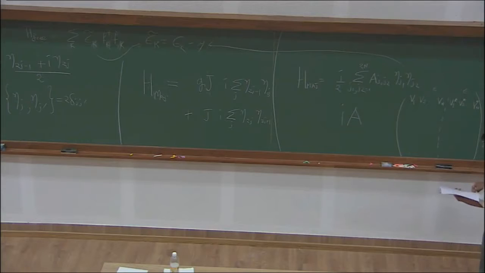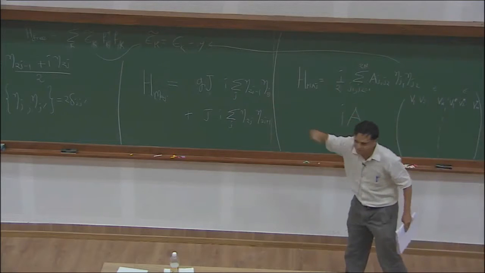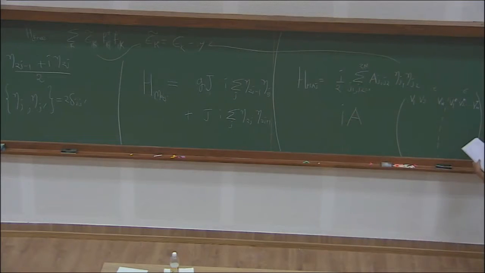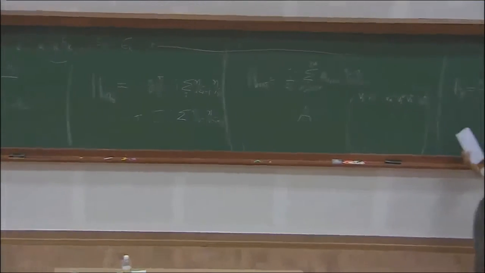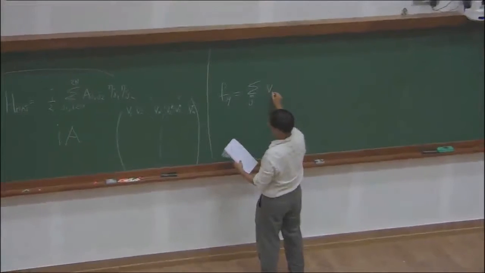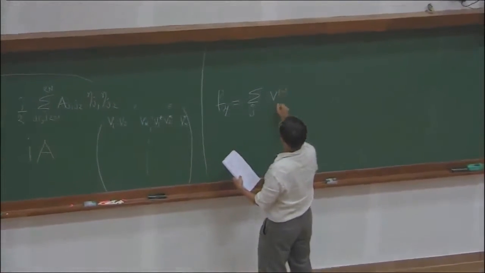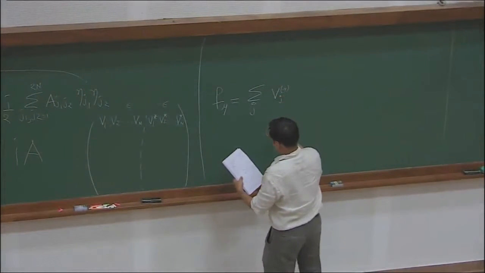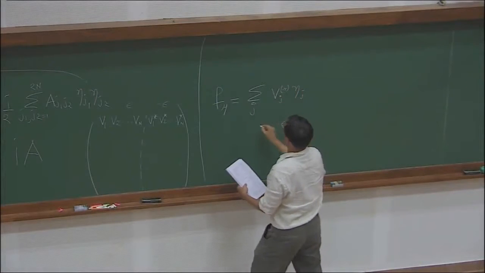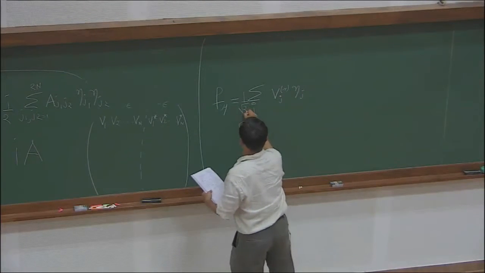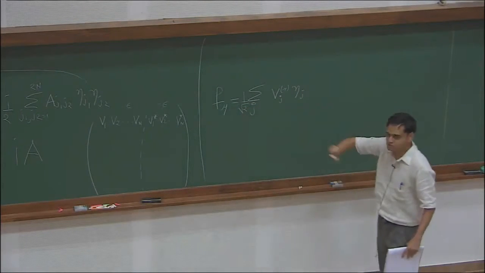Then we noticed that you can define, finally, fermions that will make things look like that. We can define f_mu as sum over j of v_mu j eta_j, with a 1 over root 2 or correct normalization. This you need to check yourself.